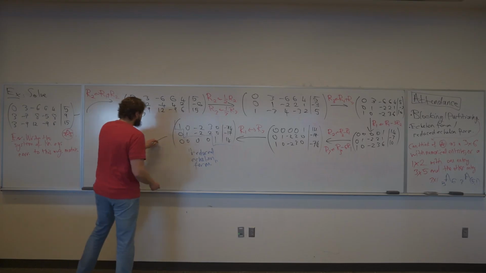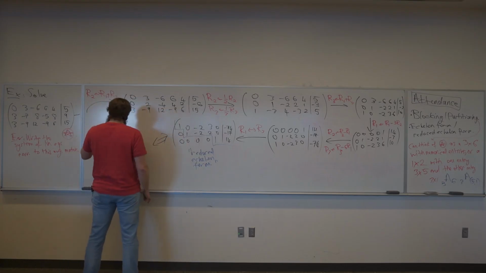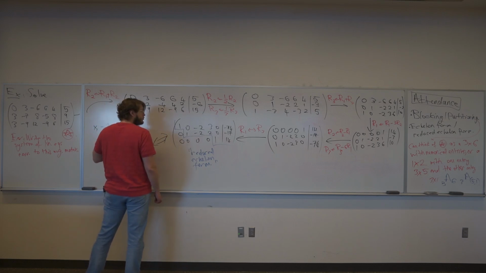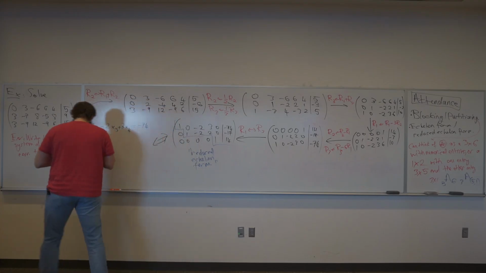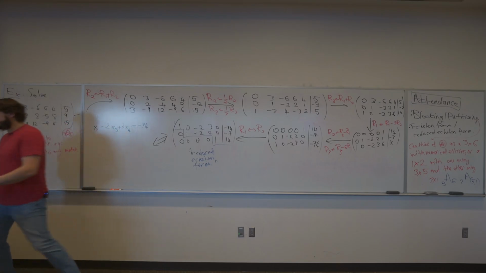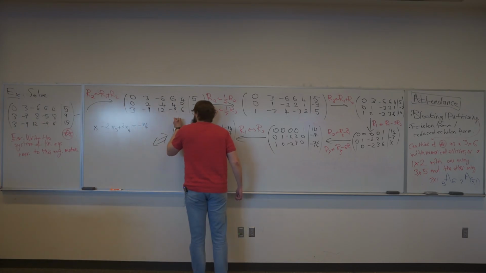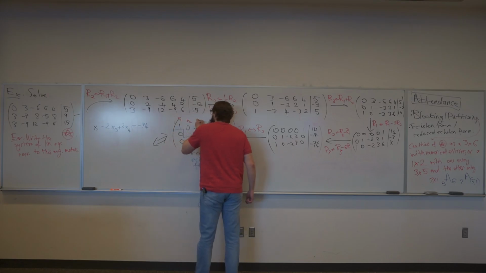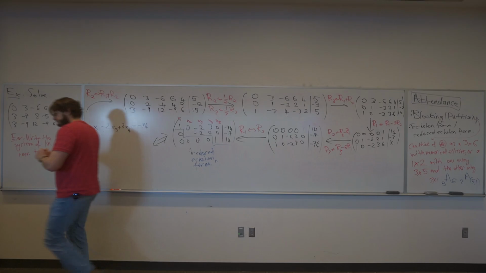So this is the same thing as saying x1 minus 2x3 plus 3x4 equals minus 74. Just to be clear, I'm using these variables. What you can do is write on each column the name of the variable you really mean. So x1, x2, x3, x4, x5 if you want.